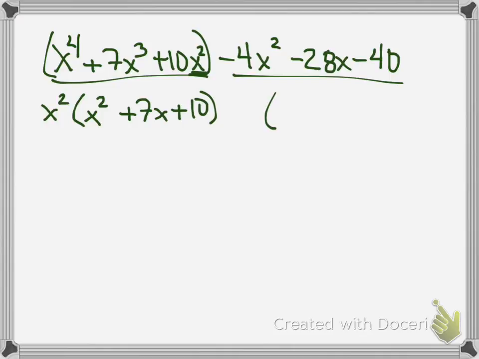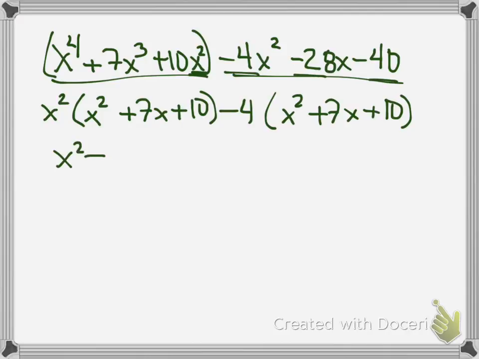Then on the second one I'm going to write x squared plus 7x plus 10 again, and then negative 40 divided by 10 is negative 4, so now I have x squared minus 4, and then I have x squared plus 7x plus 10.